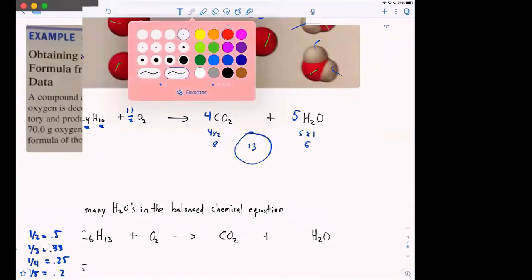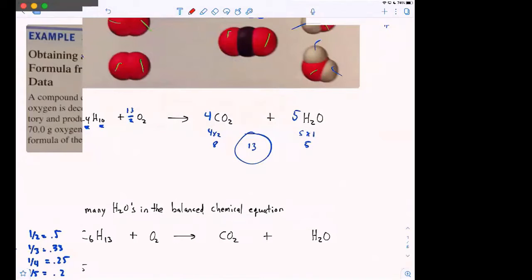And in doing so, we get 2 C4H10. I'm not naming the molecule because I'm not sure if it's cyclized, if it's branched. So 13 O2, then 8 CO2 and 10 H2O here.